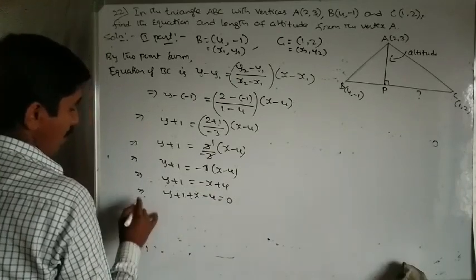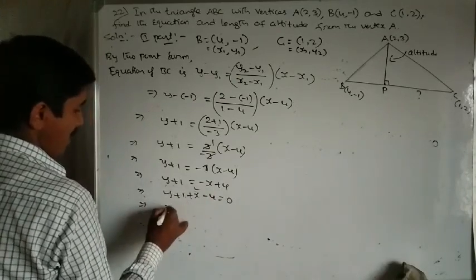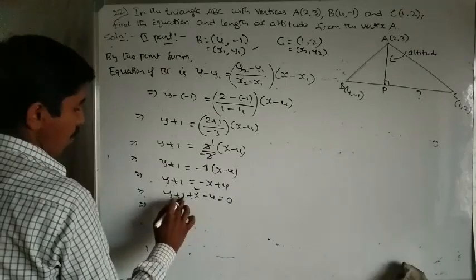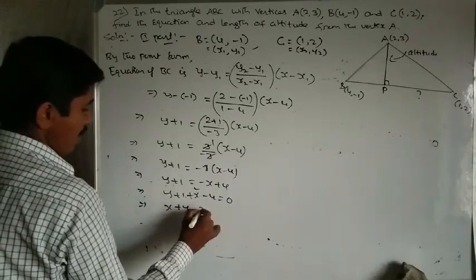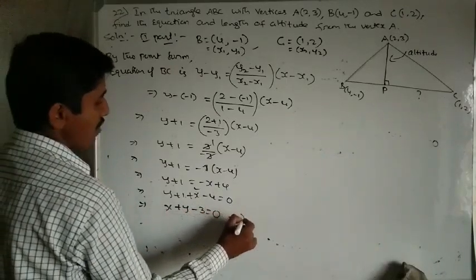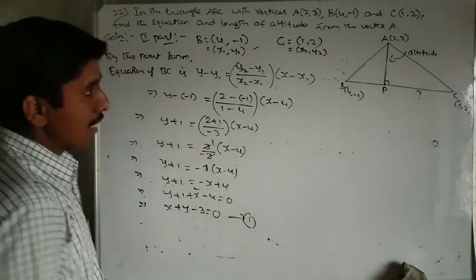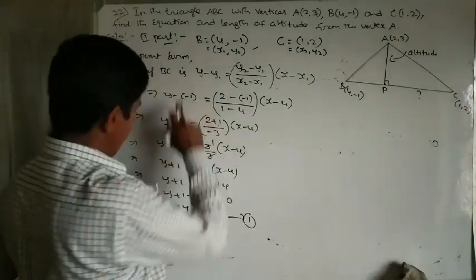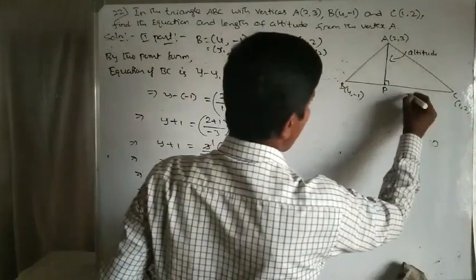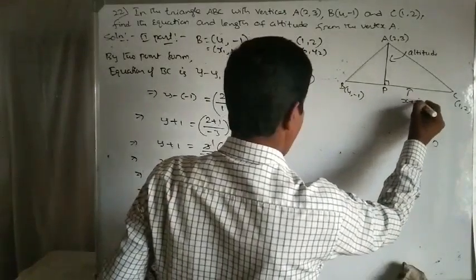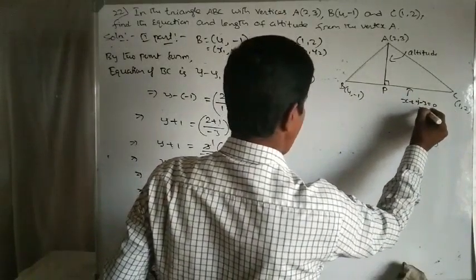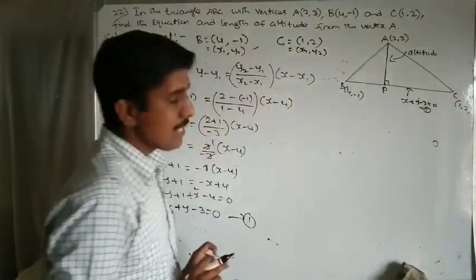Now write the equation in order: first x term, next y term. 1 minus 4 is minus 3, so x plus y minus 3 is equal to 0, called equation 1. Here is the BC equation. This is equation 1.